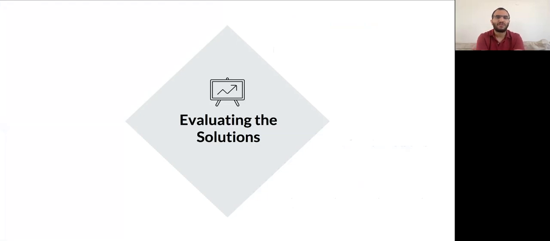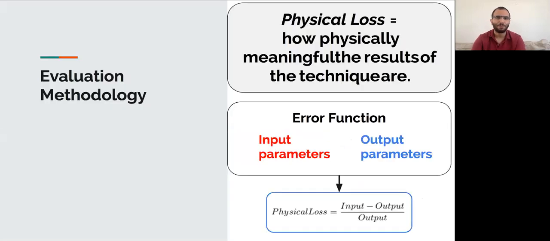So far, scientists were responsible for deciding by how much the simulation is close to the actual experiment. However, for an automated CVDL procedure, we need to define an alternative measure of how close the simulation is to the experiment. The alternative measure, which we named physical loss, measures how physically meaningful the results of each technique are.